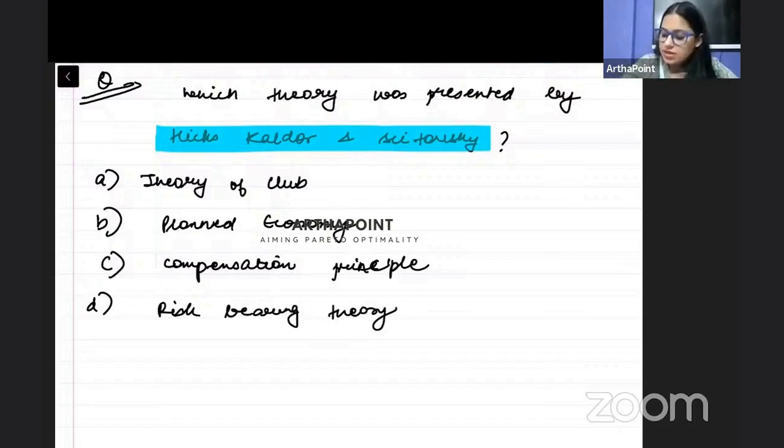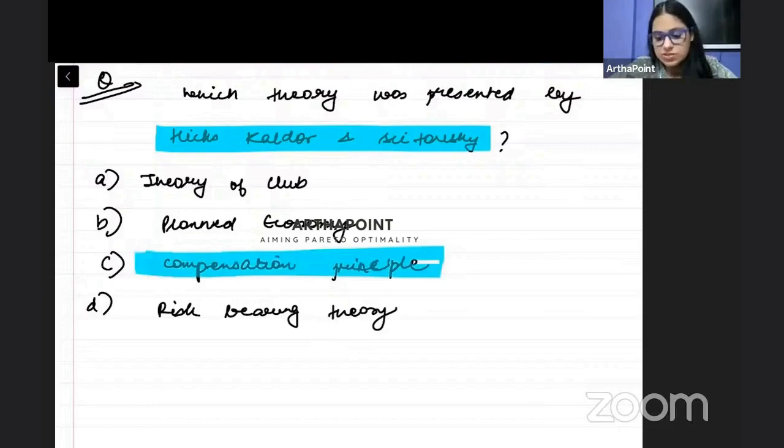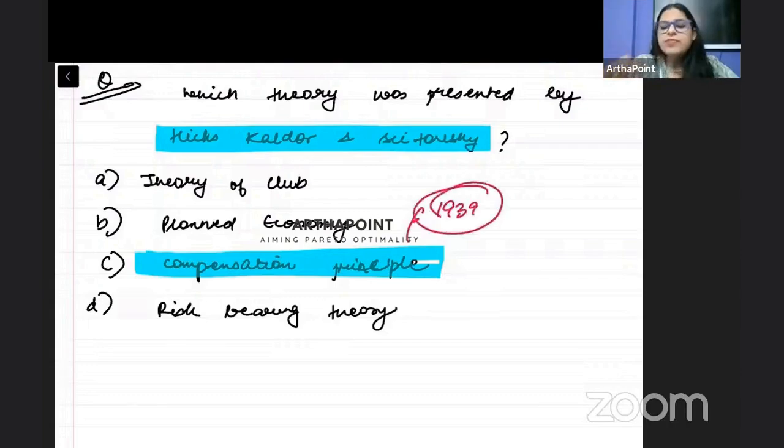Absolutely correct beta. The correct answer to this question will be compensation principle. So they talked about compensation principle as part of welfare economics. उन्होंने इसके बारे में welfare economics के अंडर बात की है. And they talked about this in 1939. And they gave a criteria about social welfare function. उन्होंने बताया कि कैसे हम social welfare function की बात कर सकते हैं.